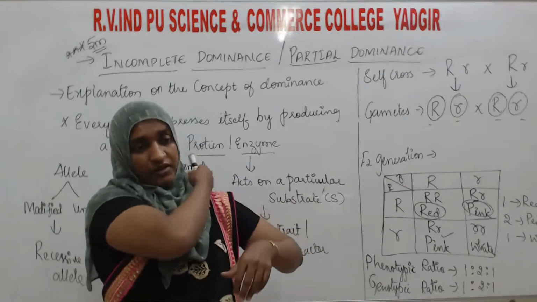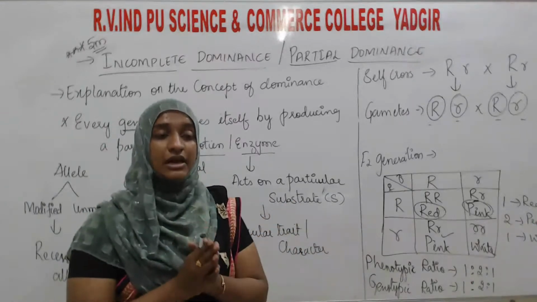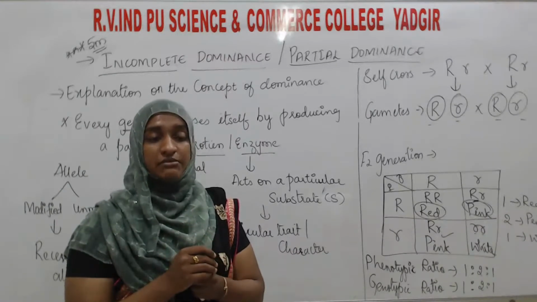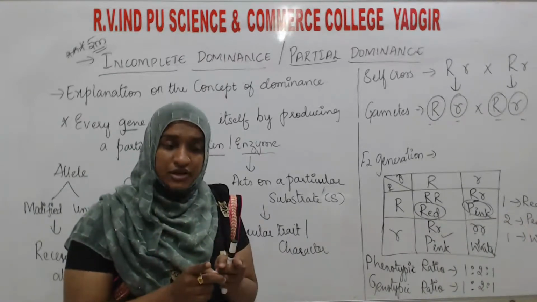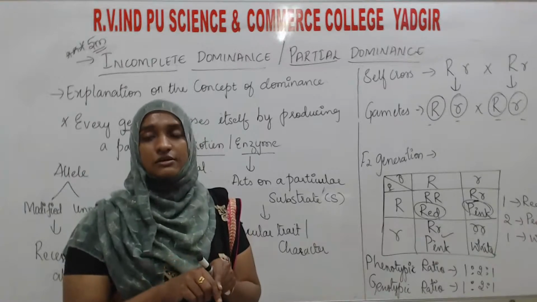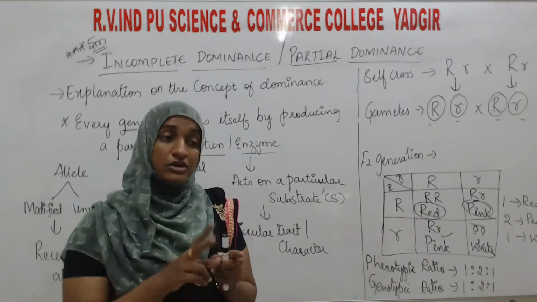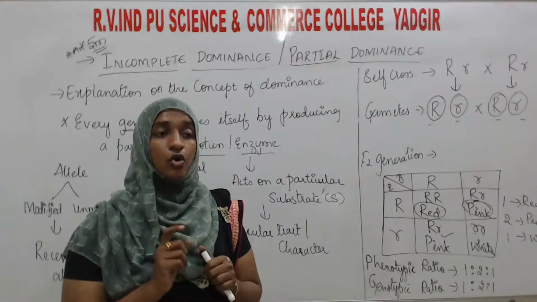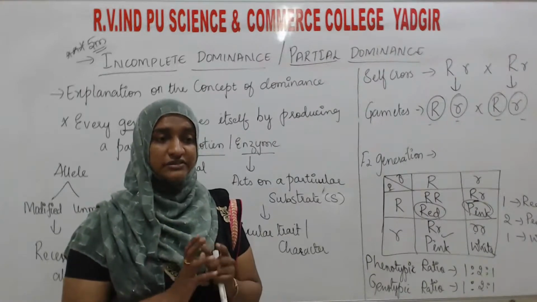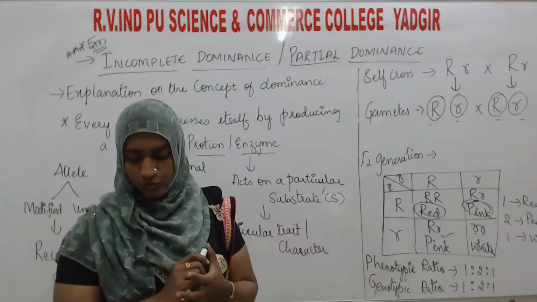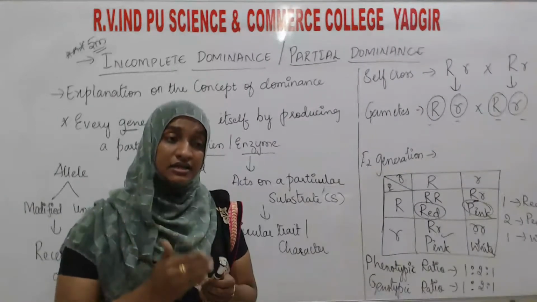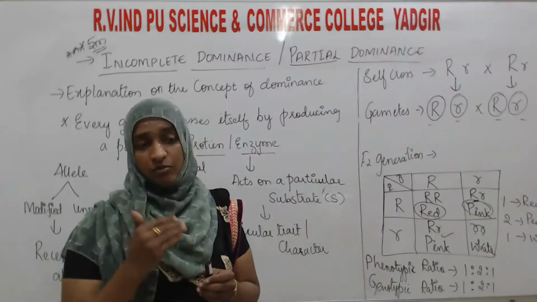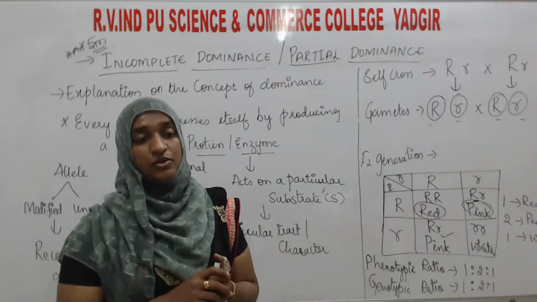Heterozygote means where the two genes in a particular allele pair differ from each other. They both differ and they both express themselves, they both will be dominant. That means codominance is where both the alleles in a heterozygote condition express themselves equally.